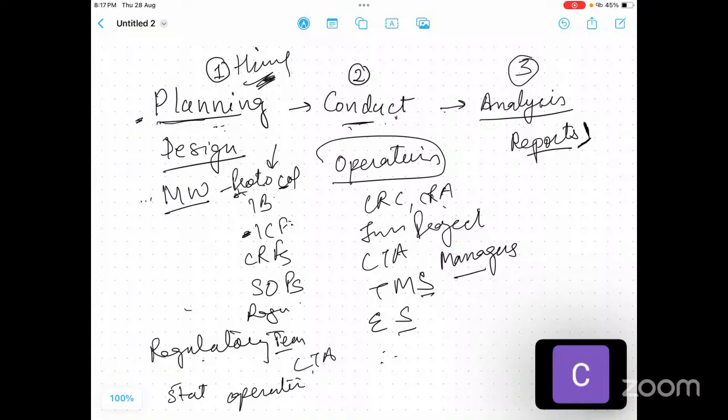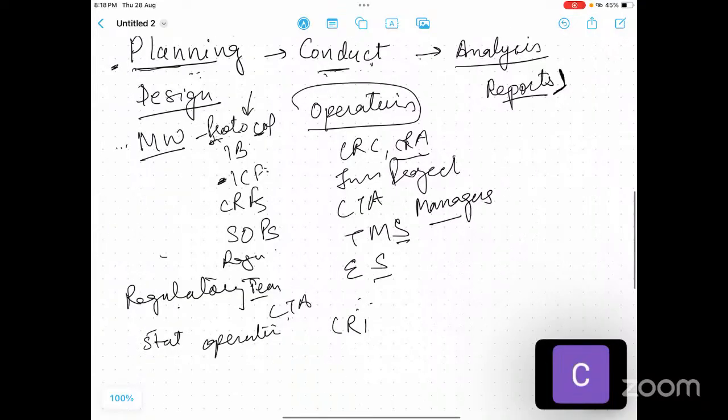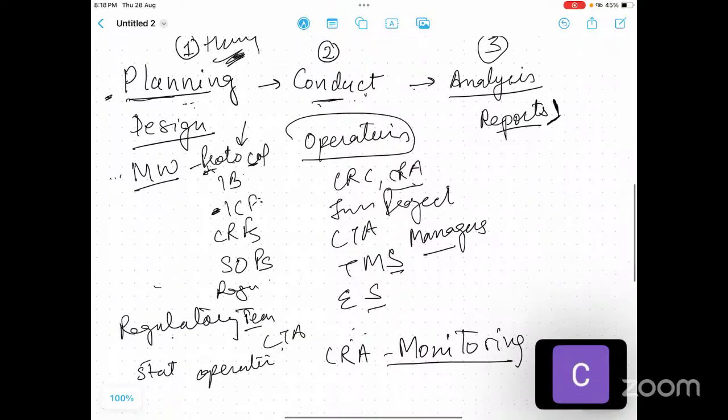Now what type of report will we be writing here? Any guess? See, CRAs will be doing monitoring, so they will be writing a monitoring report for each visit. If you have my book, Clinical Research Career Guide, you will be able to find how a monitoring report looks.